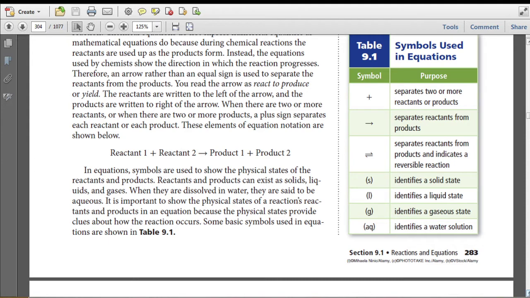Table 9.1 shows some of those basic symbols that we'll come across. You have your plus sign, your unidirectional arrow, your bidirectional arrow, and then you have the states of matter in parentheses: solid, liquid, gas, or aqueous.